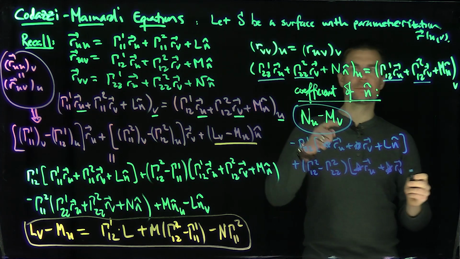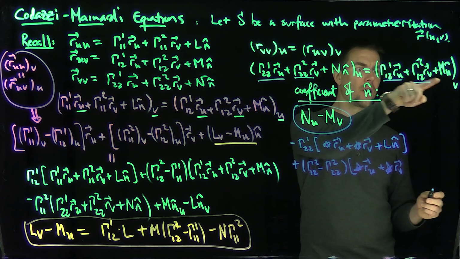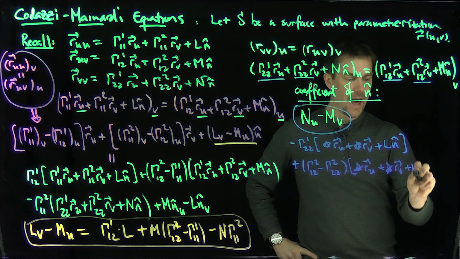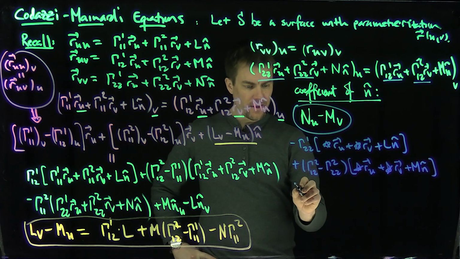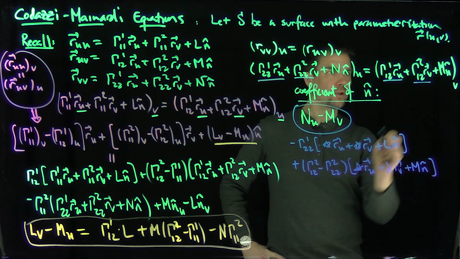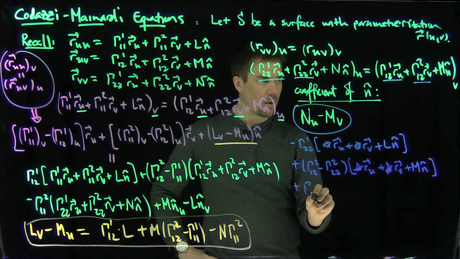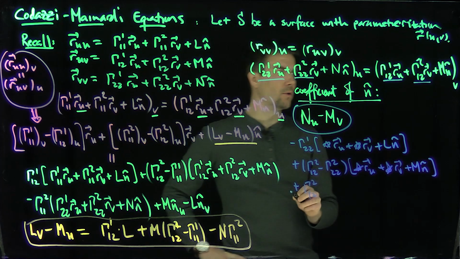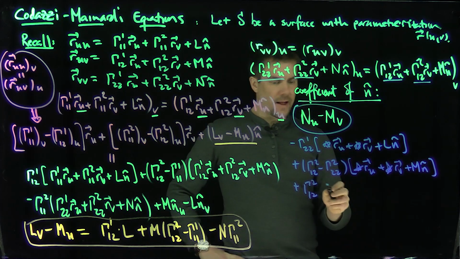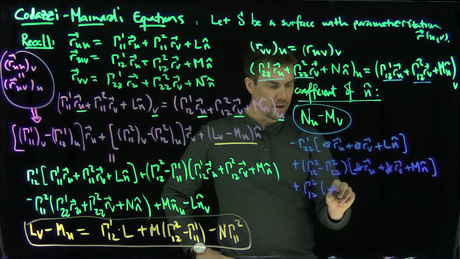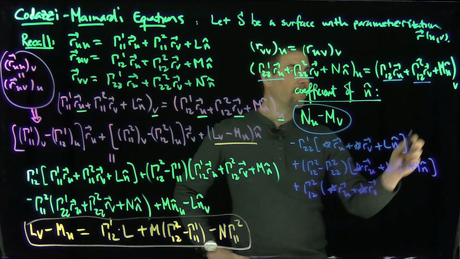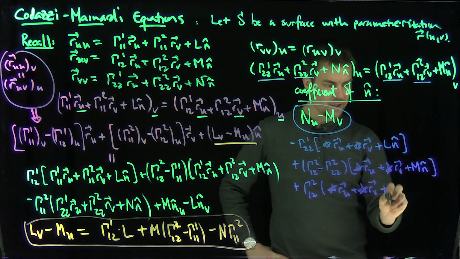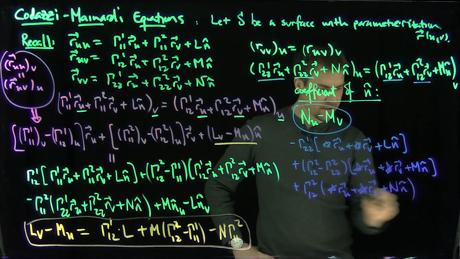And then both those terms, the RUV and then the RVU terms, have an M over here with an N hat. Beautiful. And then finally, this RVV term over here is going to be a plus gamma 1,2 2, like so. And then that's going to have an expression that involves something star RU, something star RV. And then finally a VV, so that term's going to have an N hat like this.